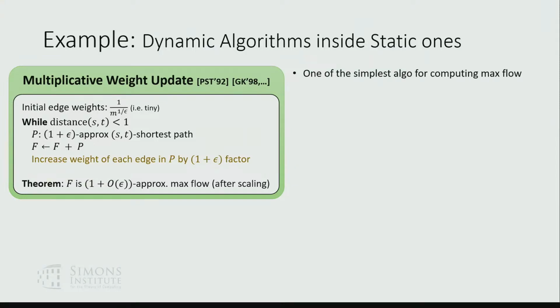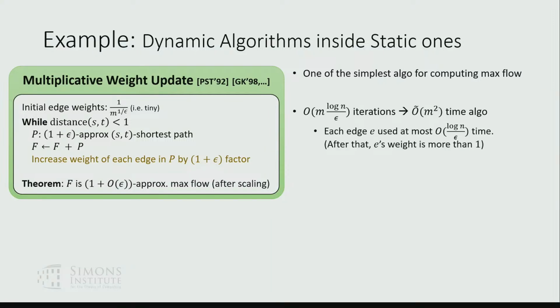So you see that this is a nice algorithm. It's simple, and the analysis is not too hard, but I will not actually tell you why this gives you an approximate max flow. But at least we can see that it is quite fast. Why? Because the number of iterations will be close to linear in m.